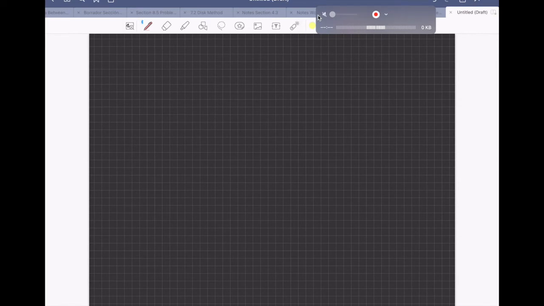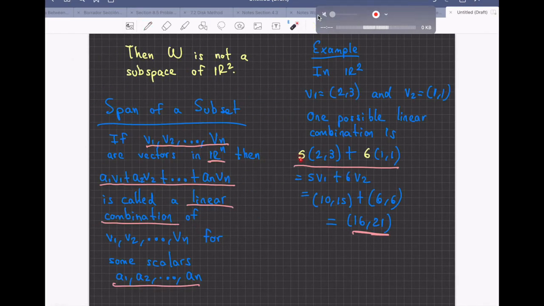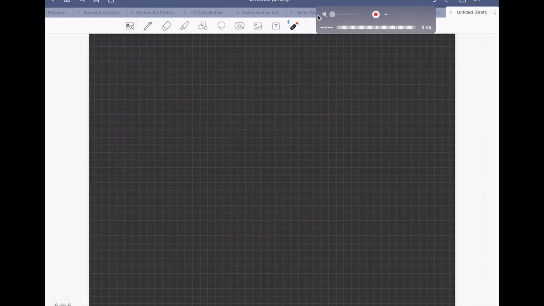But notice how I chose these scalars 5 and 6, but I can choose any number that I want. The coefficients a1, a2, an multiplying the vectors can be any real number. Another possibility could be, for example, choose -2 times (2, 3) plus 4 times (1, 1).